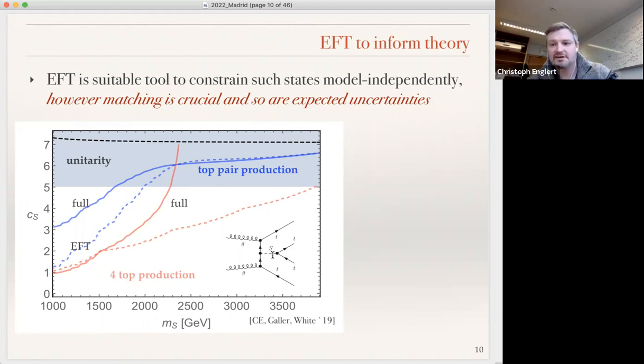And when you do this here, you'll see actually in the top sector, this is a very, very delicate thing. So the blue box here is really unitarity, unitarity in the context of this propagating S.